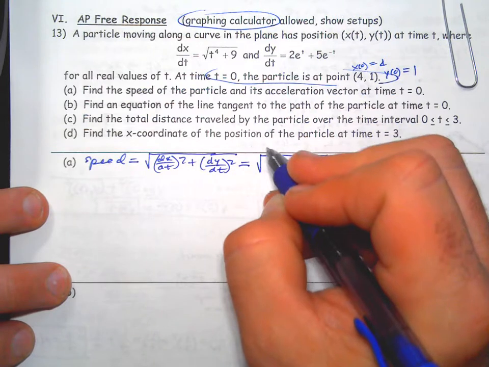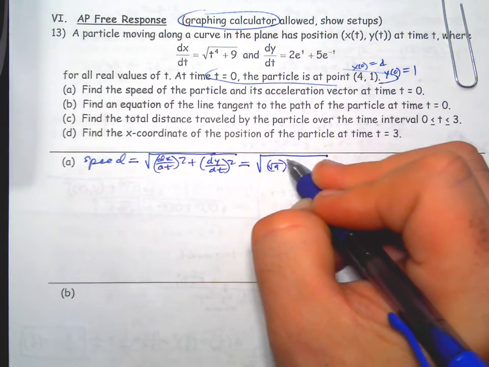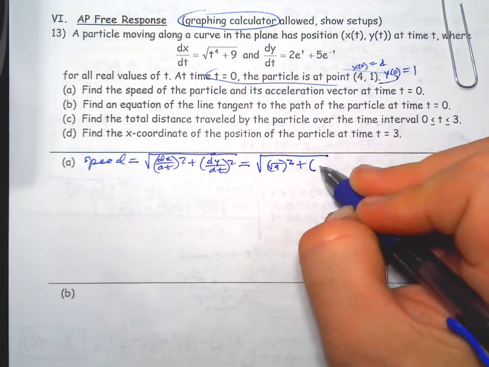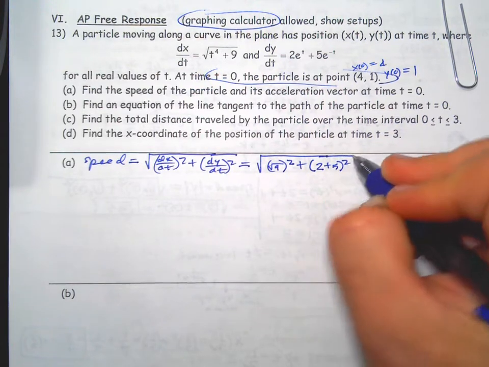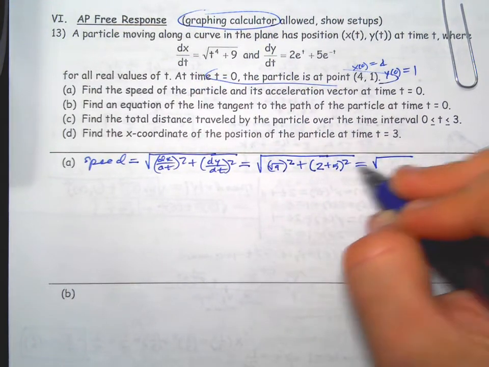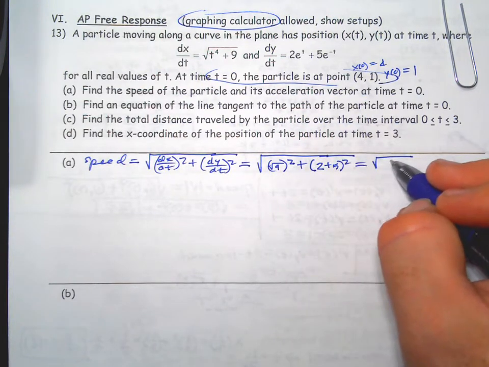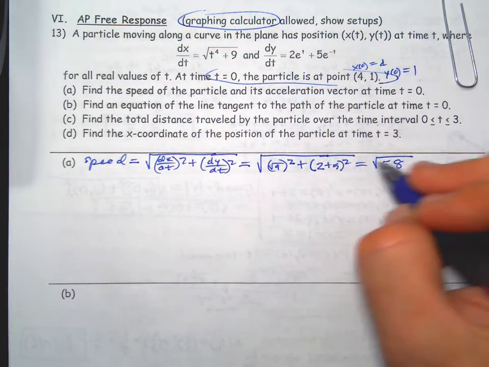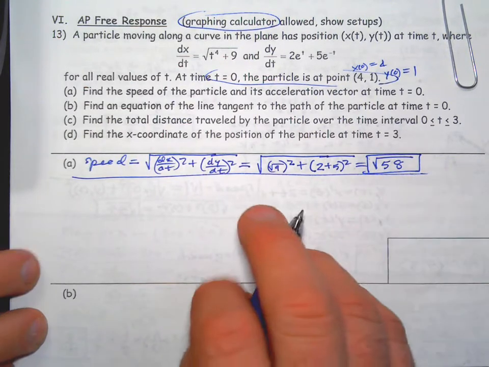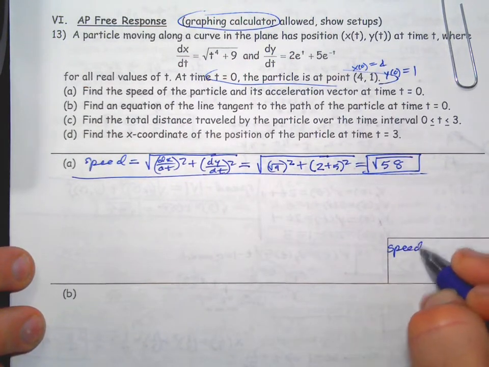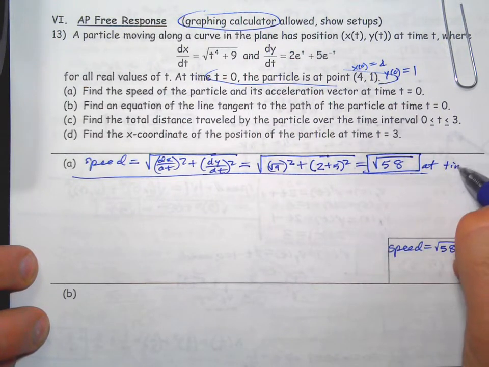If you plug 0 in here, you get square root of 9 squared plus 2e to the 0, which is 2, plus 5e to the 0, which is 5, squared. So this is going to be the square root of 49 plus 9, which is 58. So that's your speed, no units, at time t equals 0.